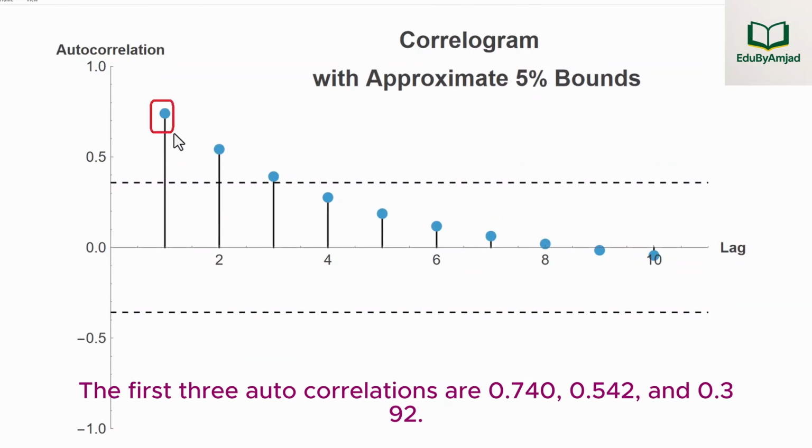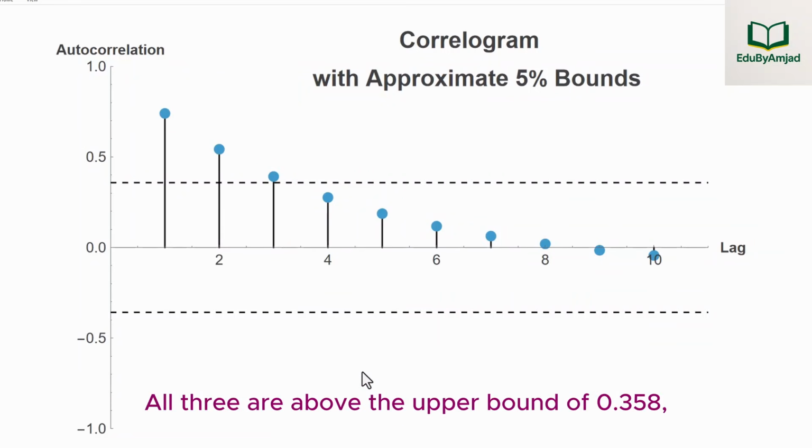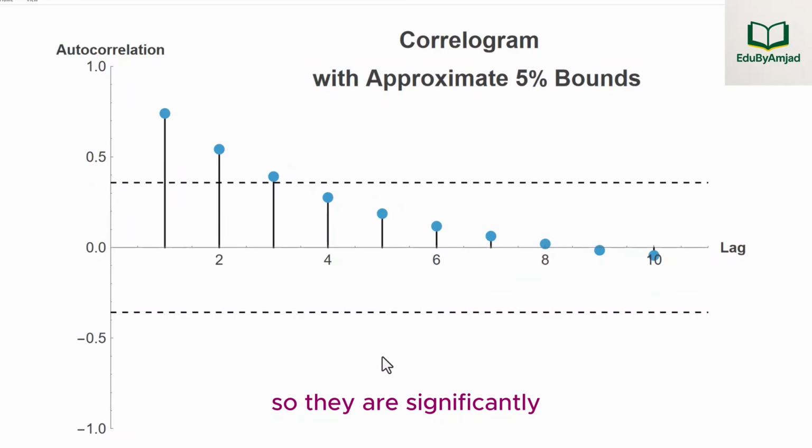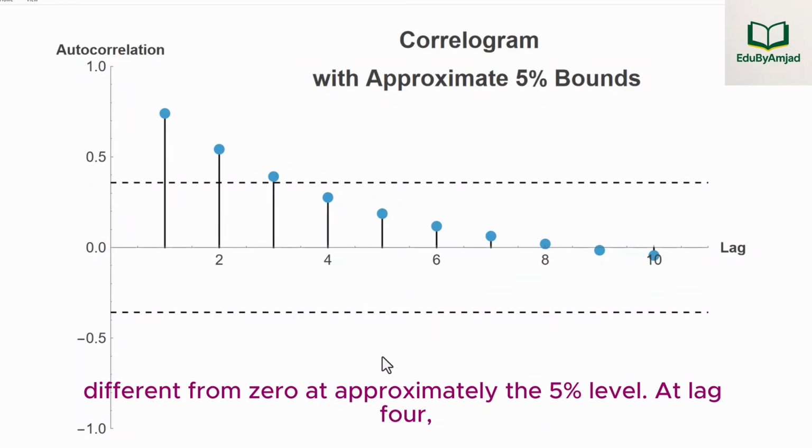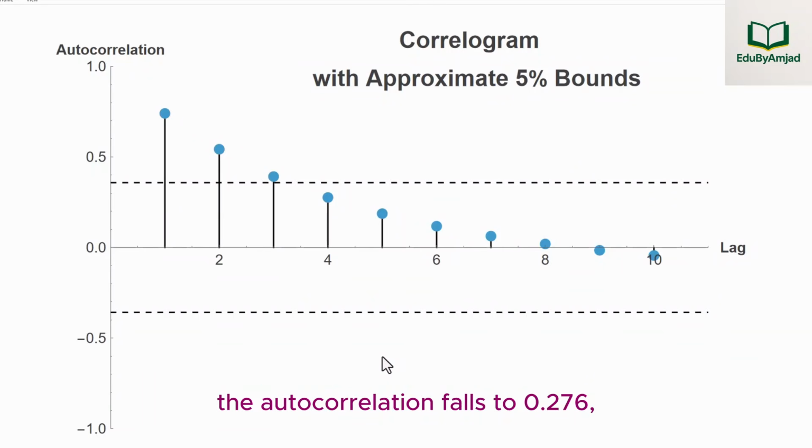The first three autocorrelations are 0.740, 0.542, and 0.392. All three are above the upper bound of 0.358, so they are significantly different from 0 at approximately the 5% level. At lag 4, the autocorrelation falls to 0.276, which is inside the significance bounds.